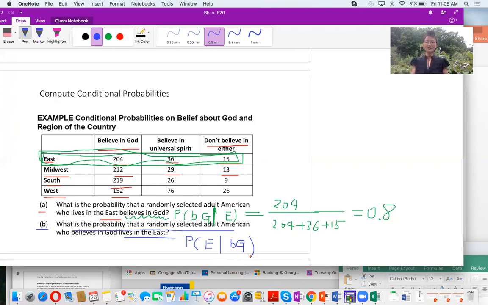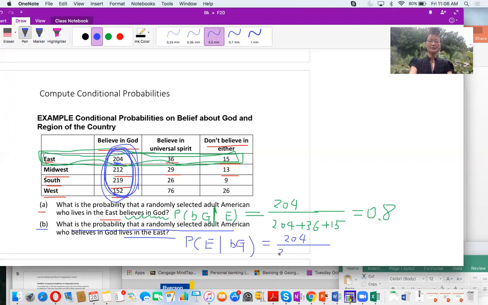So under belief in God, you just focus on this data. This data is belief in God. Don't look at any other data. Under the condition of belief in God, what is the probability that people live in the East? 204 people in the East, divided by how many total people in this data?